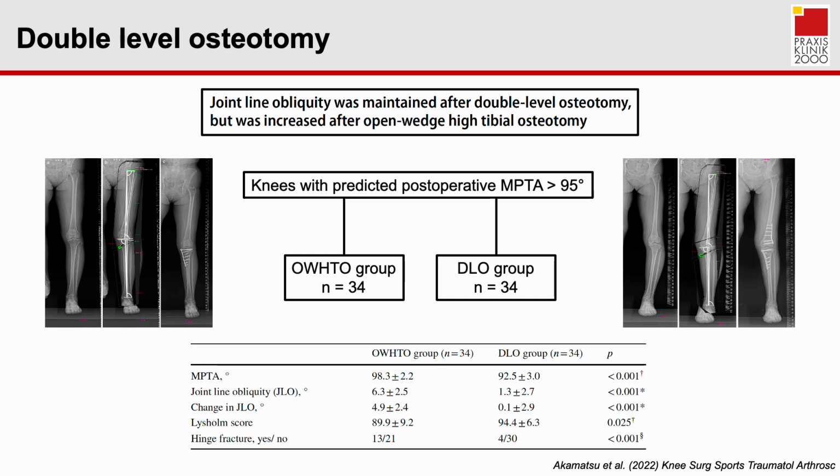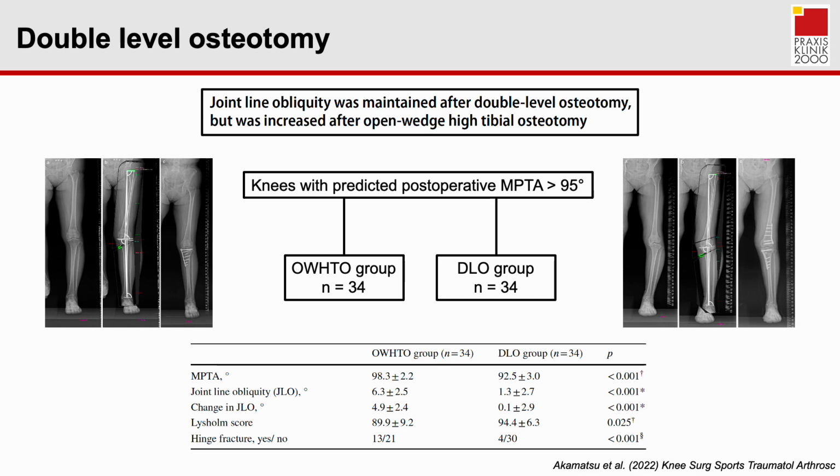The authors analyzed a group of patients in which planning of a single HTO predicted a postoperative MPTA of more than 95 degrees. 34 patients were treated with an HTO and another 34 patients with a DLO, and the results showed a significantly lower MPTA after DLO, significantly less joint line obliquity after DLO, a better Lysholm score after DLO, and fewer hinge fractures after DLO.